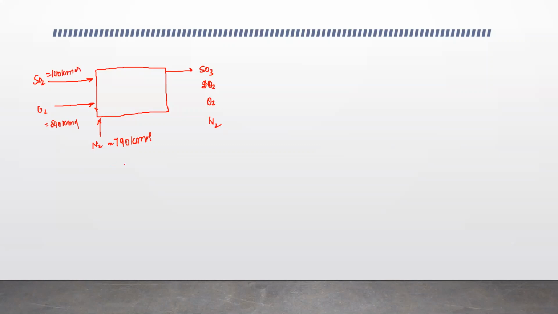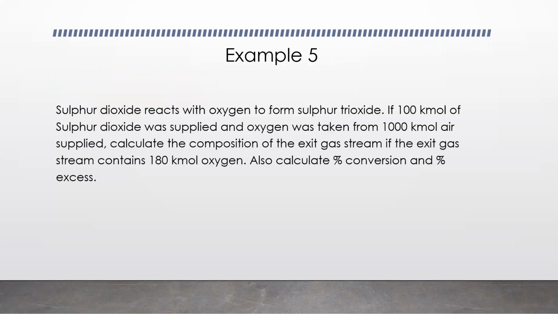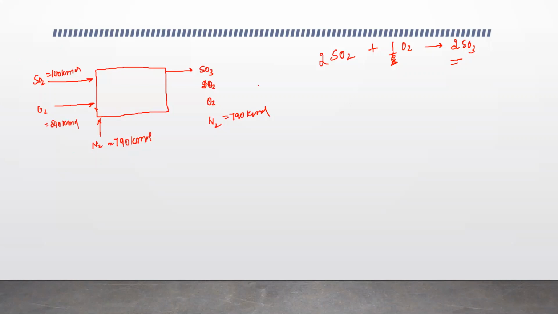Then we know that nitrogen is not involved in any of the chemical reactions. The reaction that is taking place is this. This is the chemical reaction that is taking place. So therefore, you are going to have nitrogen as it is, 790 kilo. Then they have also said that the exit gas stream contains 180 kilomoles of oxygen, right? So that means over here we'll get 180 kilomole.